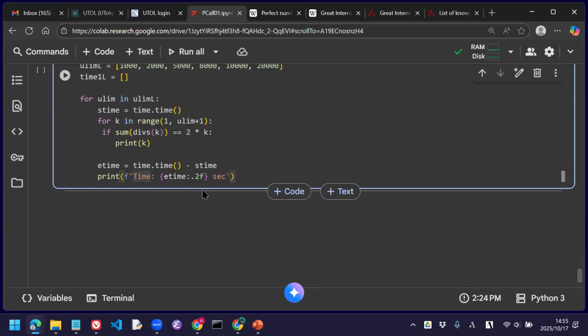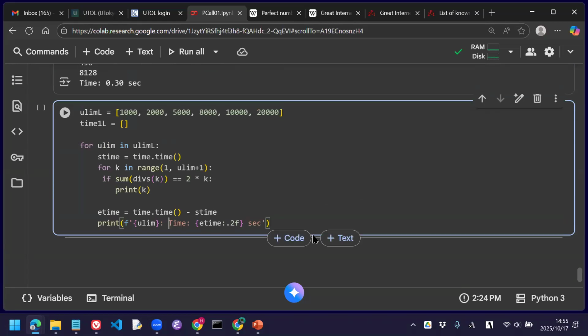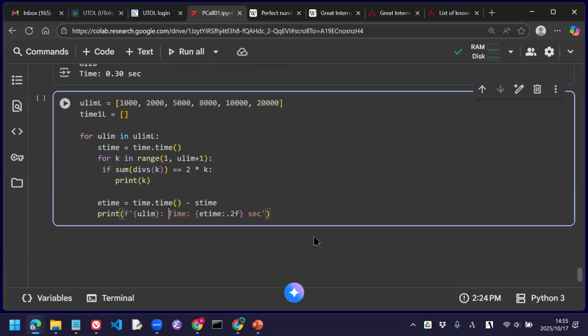And for each ulim we write the time in seconds.